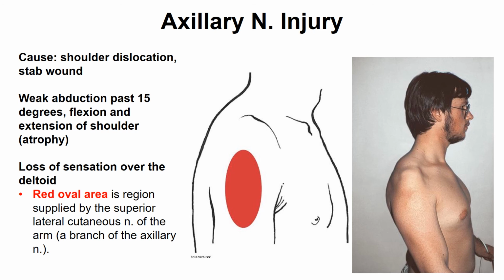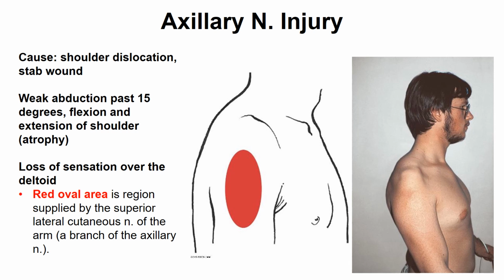Abduction will probably be the most important past 15 degrees just because the deltoid is the main muscle for that, while there are others that help with extension and flexion of the shoulder. They will also have a loss of sensation over the deltoid because the axillary nerve has not only motor components that go towards the muscle, it also has a sensory component that supplies the skin.